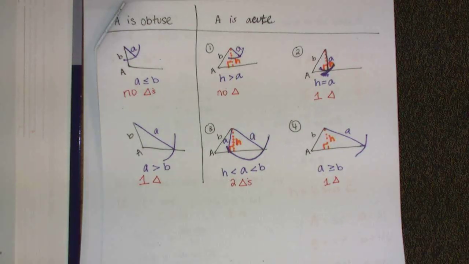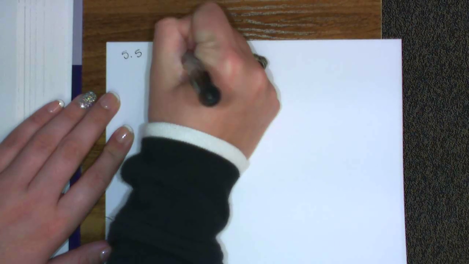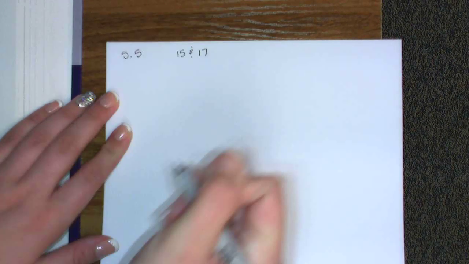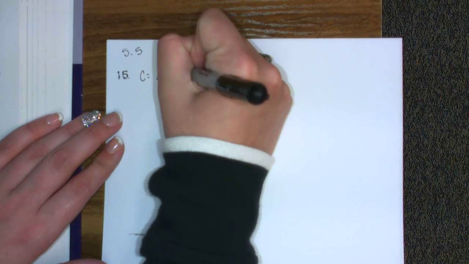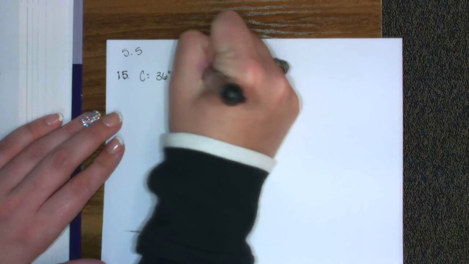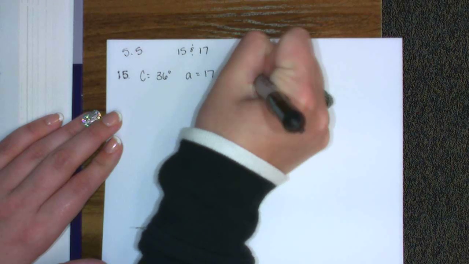So the questions that it appeared we had were in 5.5, numbers 15 and 17. So we're going to look at 15 first. 15: C is equal to 36 degrees, a is 17 and little c is 16.